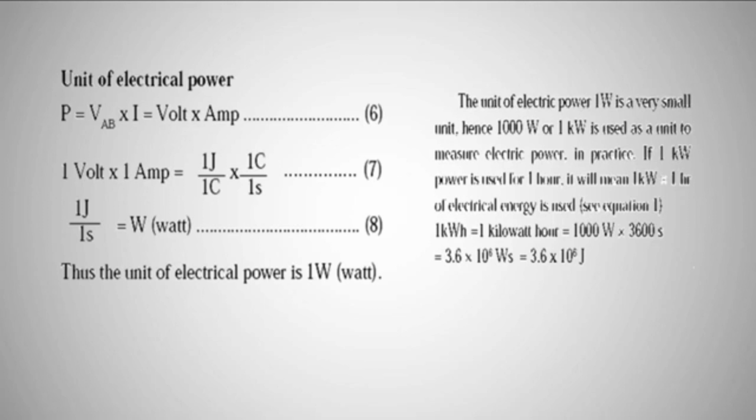We can calculate this as 1 kilowatt hour equals 1000 watt into 3600 seconds, which is equal to 3.6 into 10 raised to 6 watt seconds, which is equal to 3.6 into 10 raised to 6 joule. Thus, 1 kilowatt hour is equal to 3.6 into 10 raised to 6 joule.